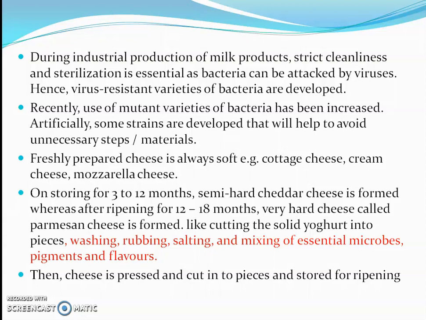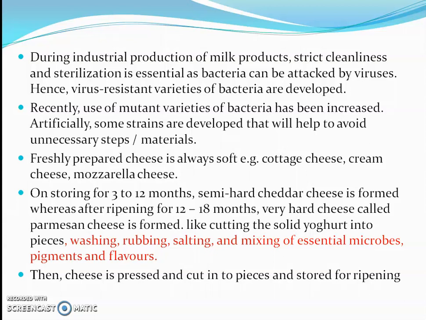Hence, virus-resistant bacteria are developed for this purpose. Recently, use of mutant varieties of bacteria has also increased. Artificially, some strains are developed that help to avoid unnecessary steps and materials.